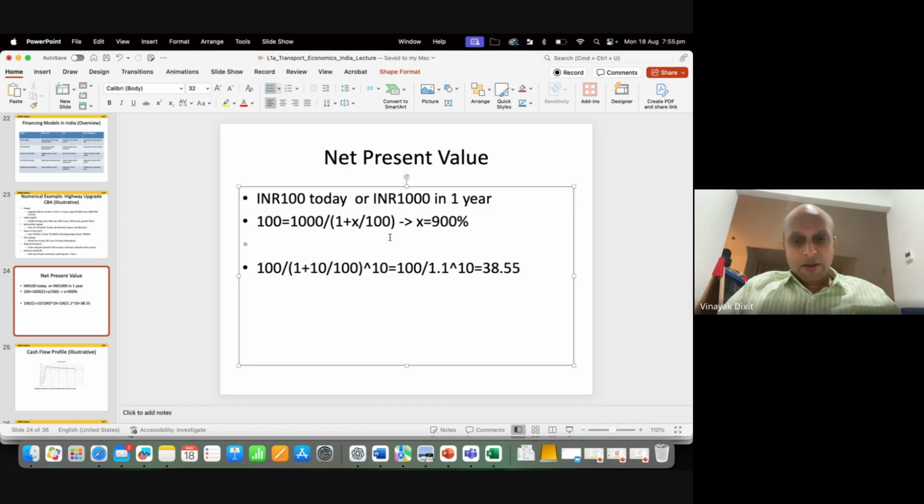100 is equal to 1,000 divided by (1 plus x by 100) raised to the power 12. We can actually calculate this. So it's the 12th root of 10.